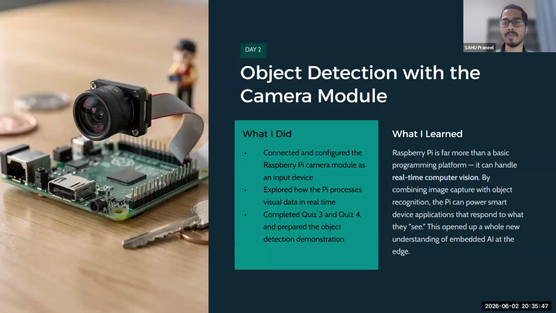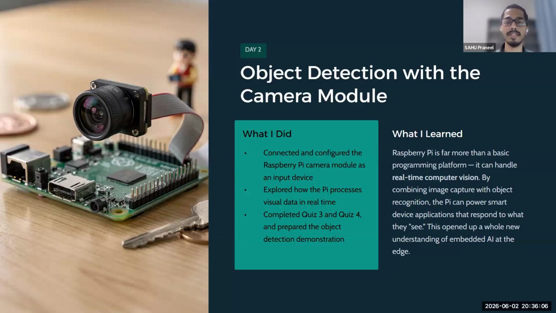On day 2, we moved on from the knowledge that we learned on day 1. We used it to make our own object recognition system using the camera module on the Raspberry Pi board.